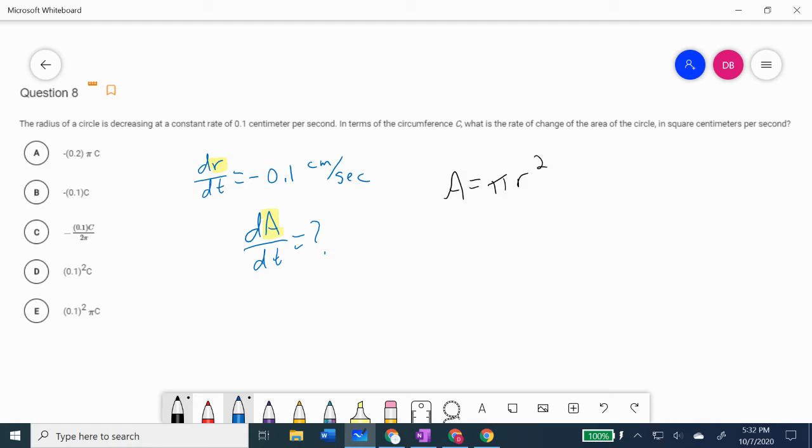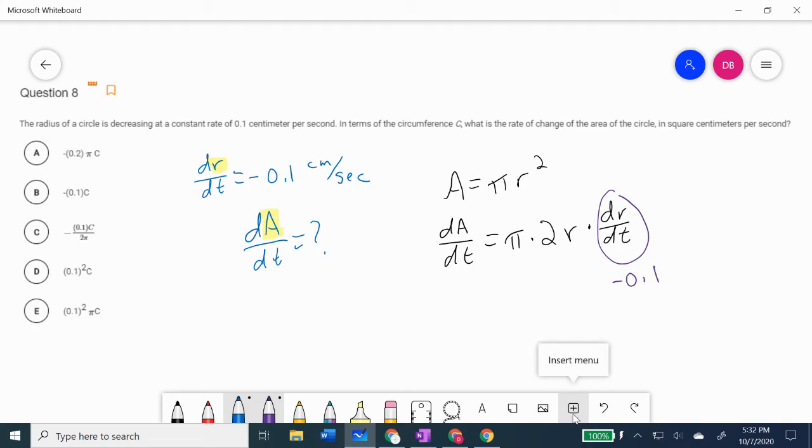I need to take the derivative with respect to time. That gives me dA/dt is equal to the constant multiple pi times, and then the derivative of a squared is 2 times that quantity times the derivative of that with respect to time. Now, we are told that dR/dt is negative 0.1.